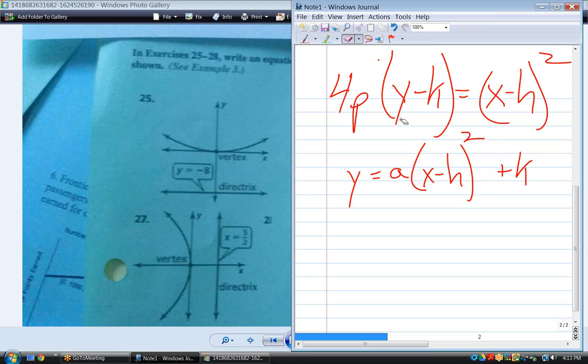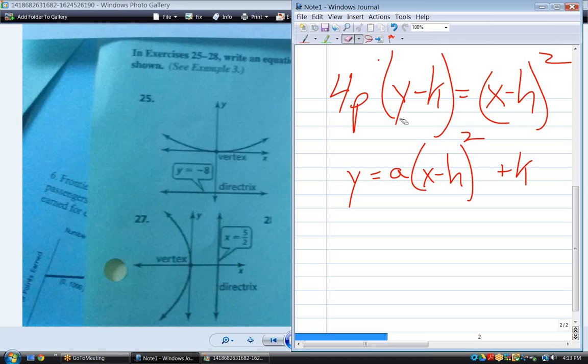Let's look at the top first, and then we'll switch to the bottom. But maybe you can see the advantage of why you would use the top when you're dealing with parabolas where you need to find stuff like focus and directrix.